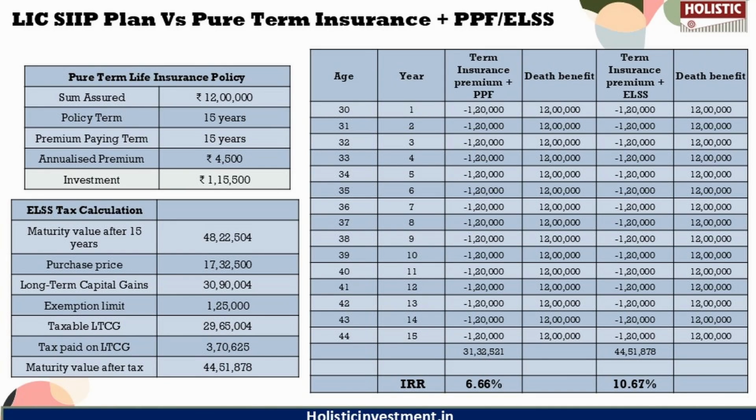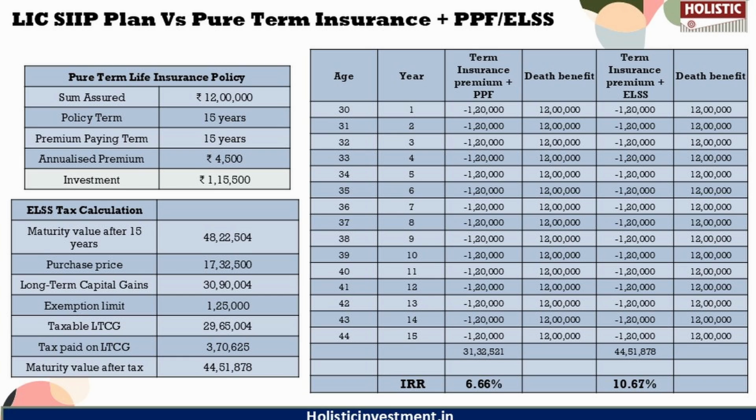So what we are going to do now, as this policy is not giving us the desirable outcome that we need, is calculate and do a comparative analysis of the policy returns with other alternative strategy returns. So in this alternative strategy, instead of investing in an investment cum insurance plan like the LIC SIIP plan, we are going to invest in insurance and investments separately to see whether it can give us more efficient returns in isolation.